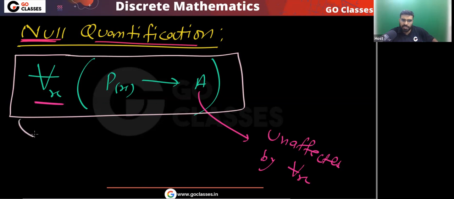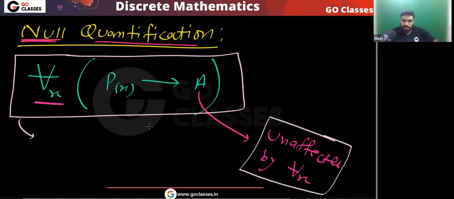Is this point clear? Please tell me. Don't worry about the remaining things. Everything will come slowly, one by one. What is null quantification? This a is completely unaffected by for all x. So that is the reason this type of expression is called null quantification.